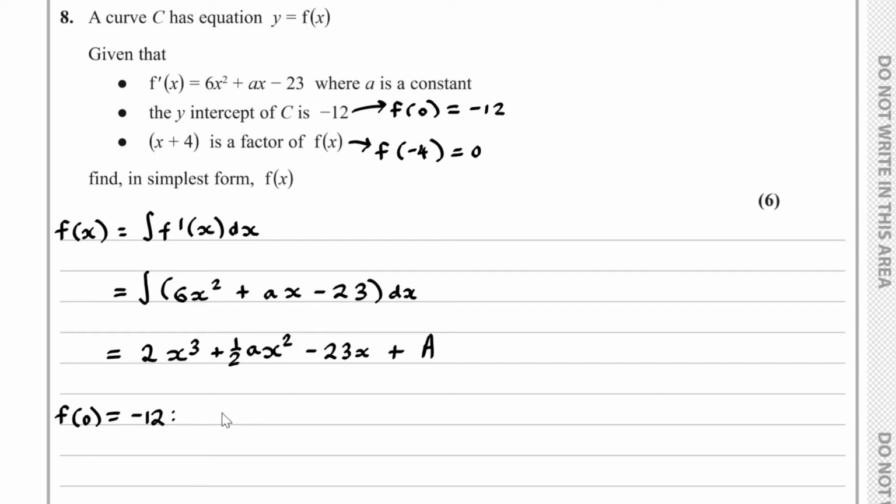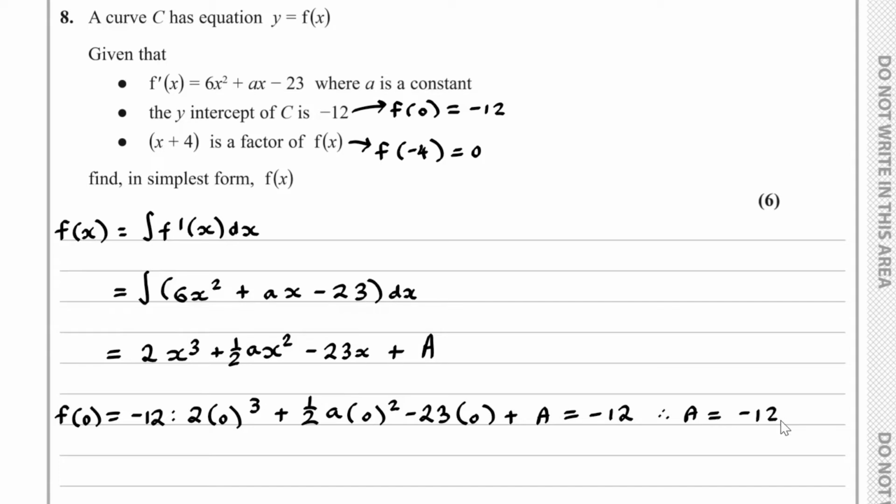Substituting 0 into here, we have 2 lots of 0 cubed plus 1/2 lots of a lots of 0 squared minus 23 lots of 0 plus A. This is equal to minus 12. So therefore A is equal to minus 12. And knowing the value of A, we can see that f of x is equal to 2x cubed plus 1/2 ax squared minus 23x minus 12.